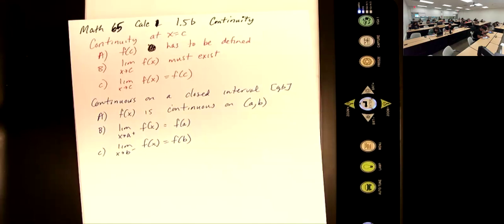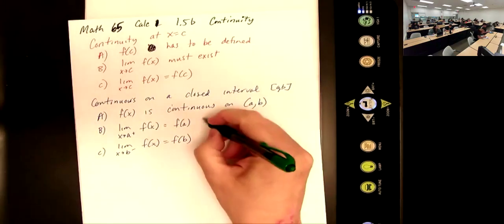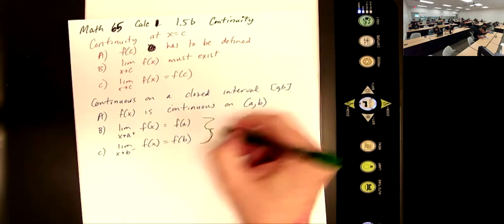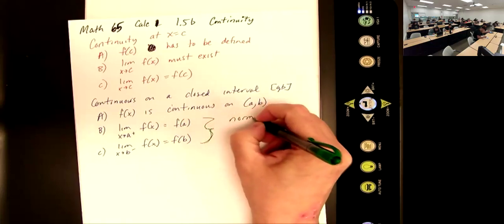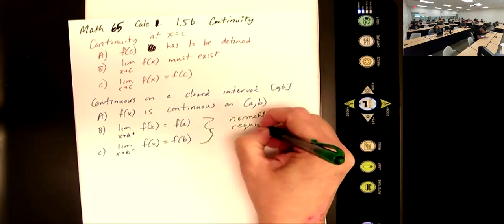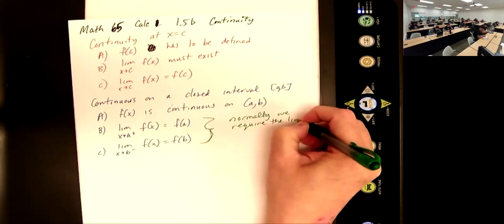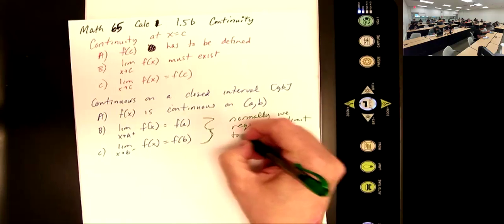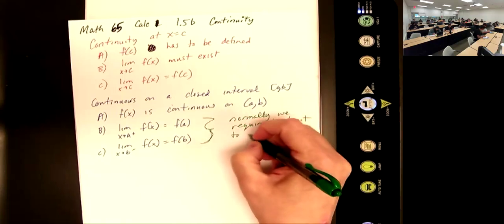So for the actual endpoints, this is like a special case scenario. Normally, we would require the limit to exist from both sides, or the limit to be the same from both sides.